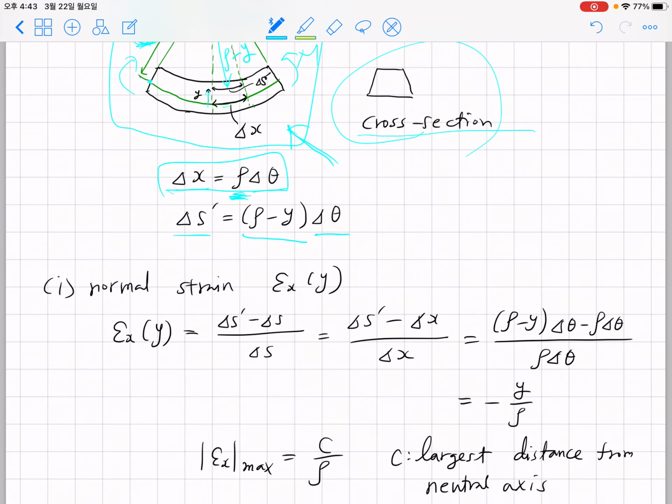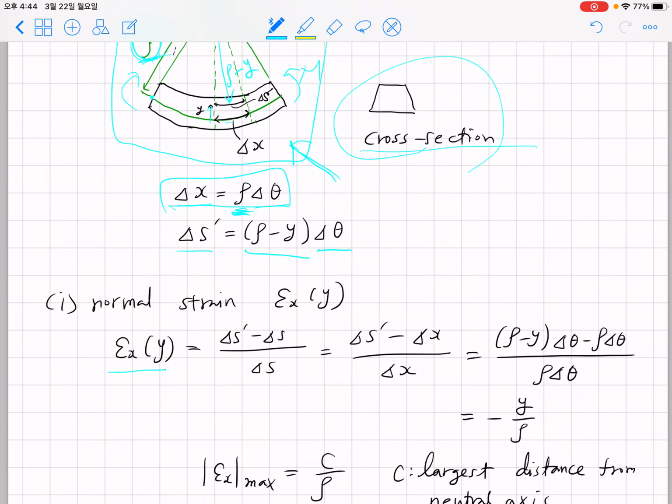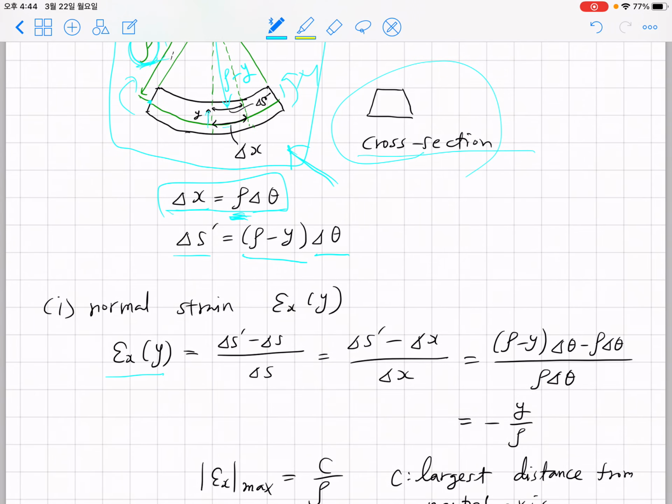Now from this relationship we can obtain normal strain from the definition. If we obtain the x direction normal strain epsilon x as a function of y, you can see that above this neutral axis it is compression, and below this we're gonna have tension when M is applied in the positive sign convention.